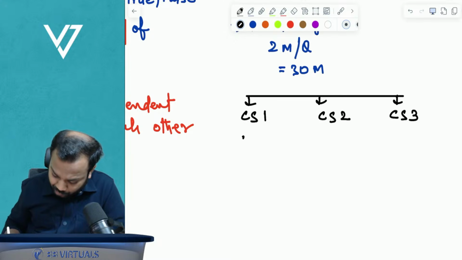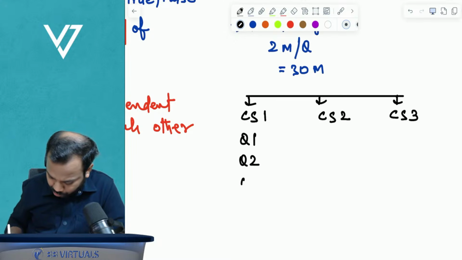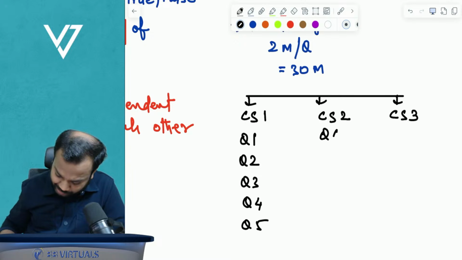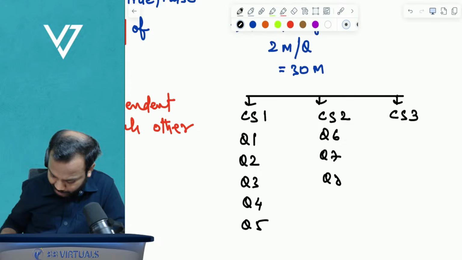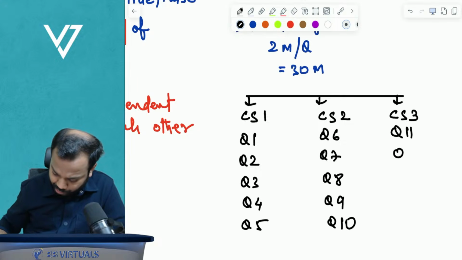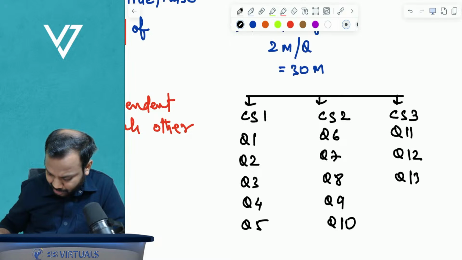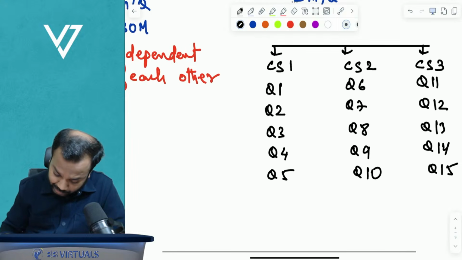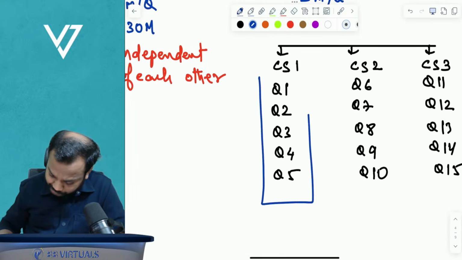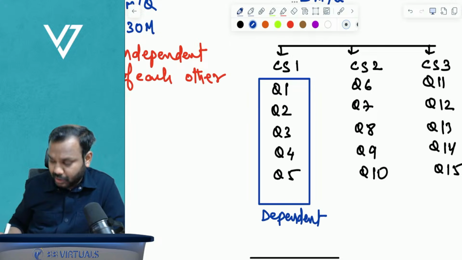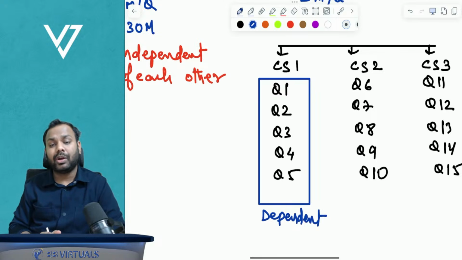And these will have question number 1, 2, 3, up to question number 15. Now understand that these questions are dependent on each other.